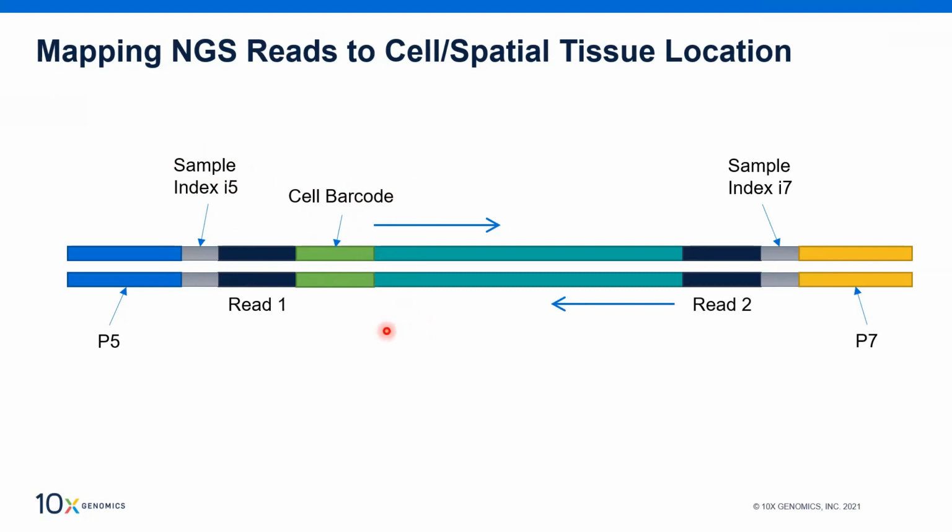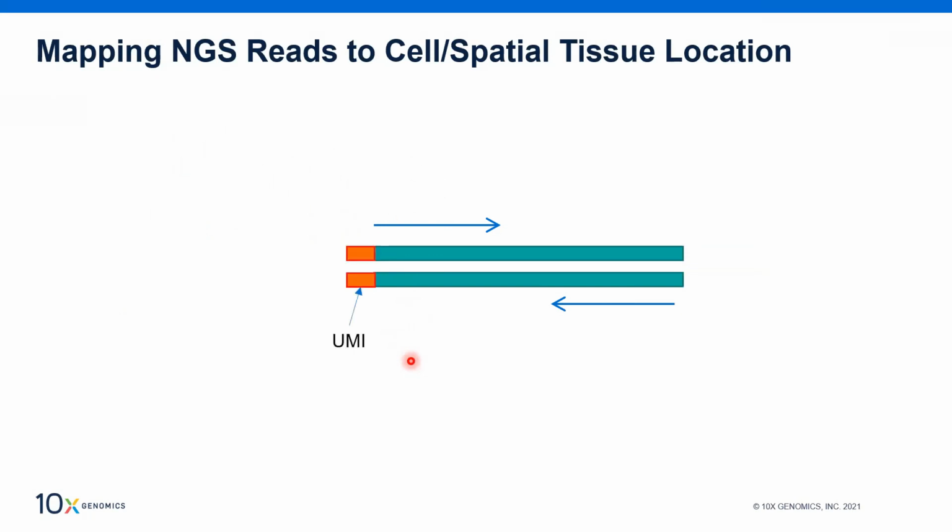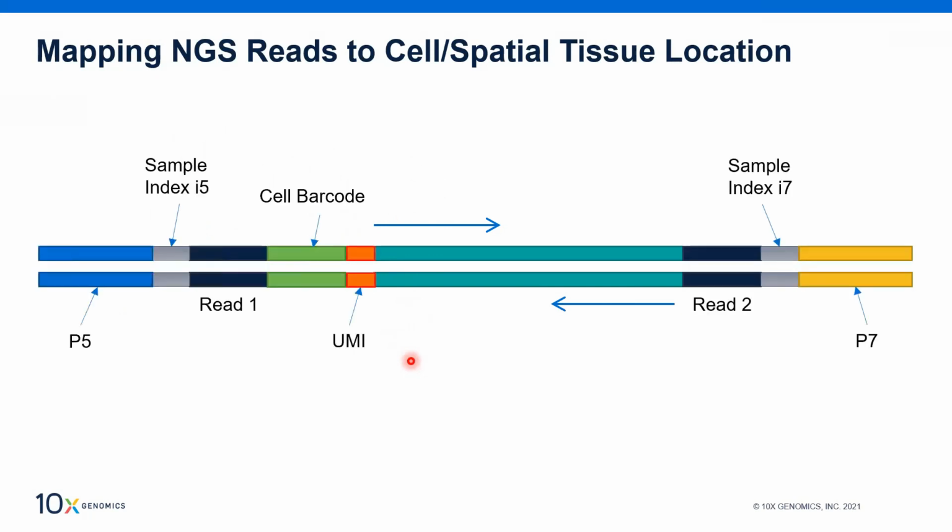At the same time, you need to count the RNA that we have captured. The counting is based on a unique molecular identifier, and the rest of the elements stay the same. This helps you tag whatever RNA you capture from the sample with a unique molecular tag, so that PCR artifacts can be removed and we can easily do the counting.